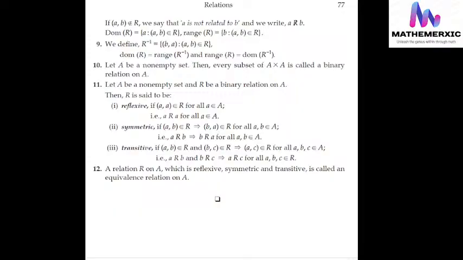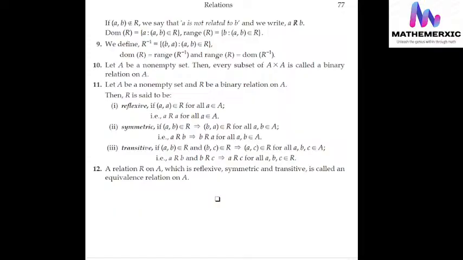Let A be a non-empty set, then every subset of A cross A is called a binary relation on A. Let A be a non-empty set and R be a binary relation on A. Reflexive means (a, a) belongs to R, or a is related to a for all a belongs to capital A. So that is reflexive in nature.